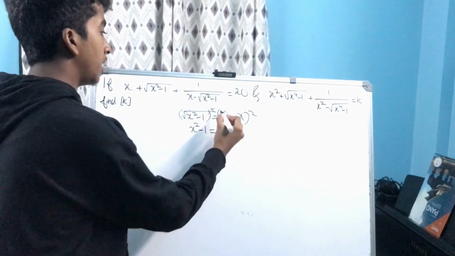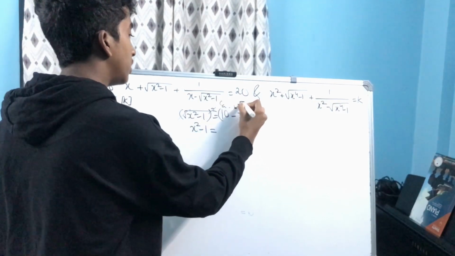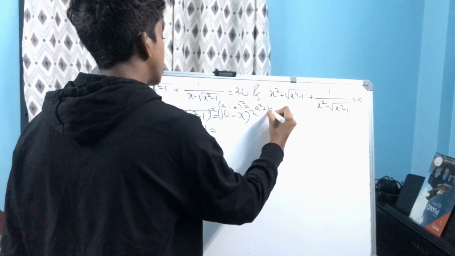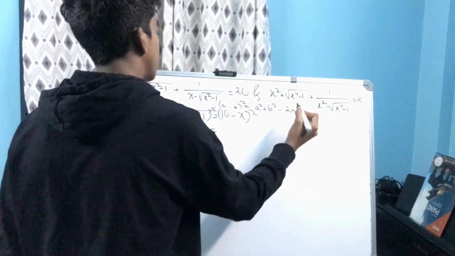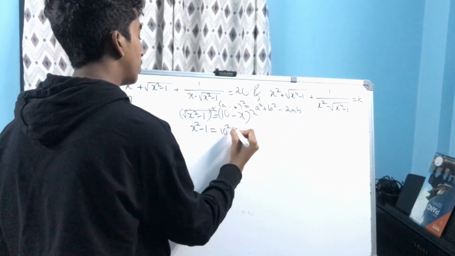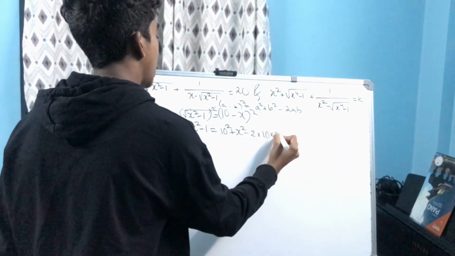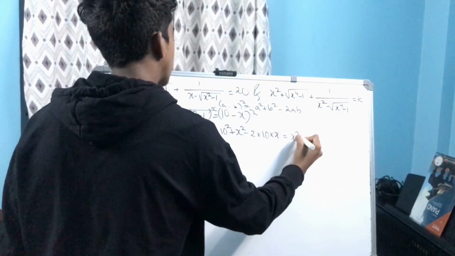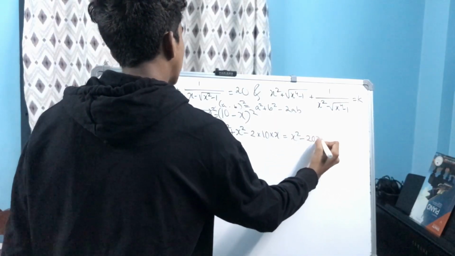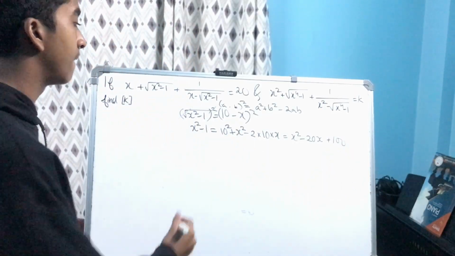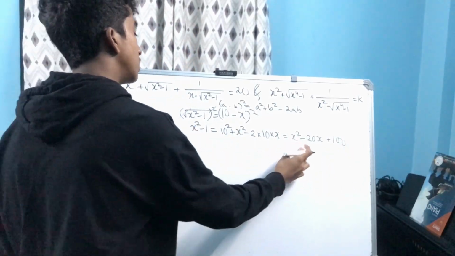We can simply apply the a minus b the whole squared identity, which is equal to a squared plus b squared minus 2ab. Here if we apply that, we get 10 squared plus x squared minus 2 times 10 times x, which we can write as x squared minus 20x plus 100. And we have x squared minus 1 equals this.